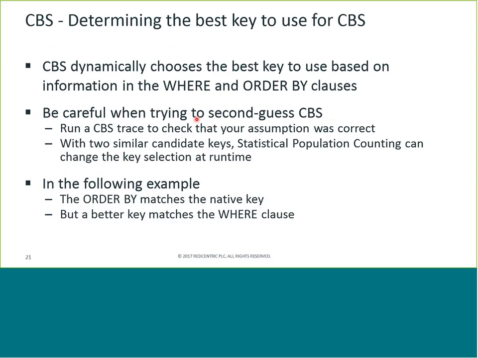So if you find cases where you've got this order by in there to so-called force CBS to do something, definitely run a CBS trace using that set run CBS trace on or $$ in the UIB to check that your assumption was correct and make sure it is picking the key that you expect it to do. Otherwise, take the unnecessary order by out.